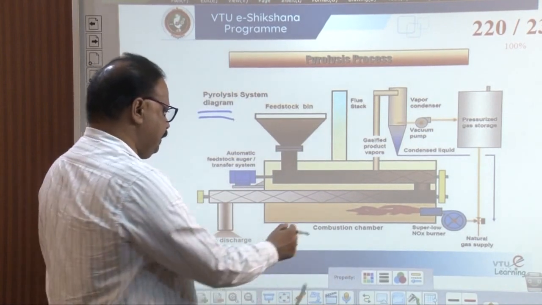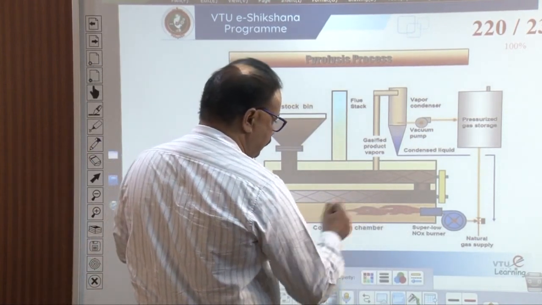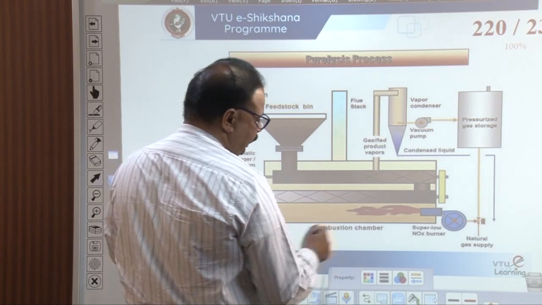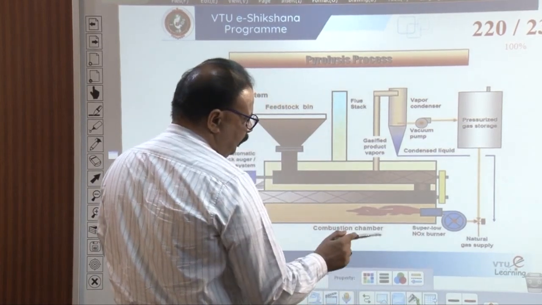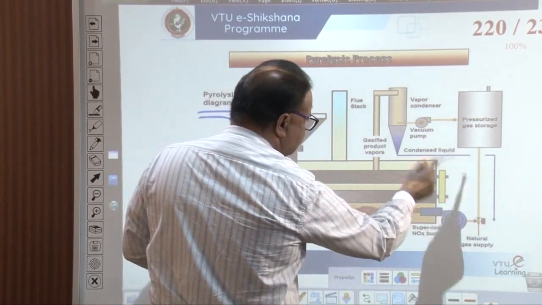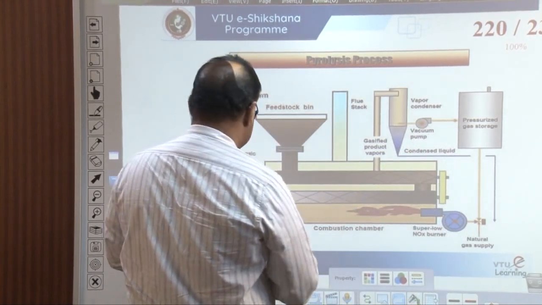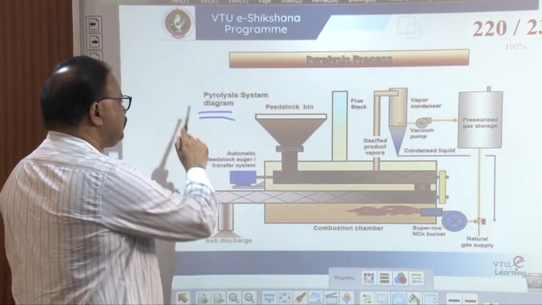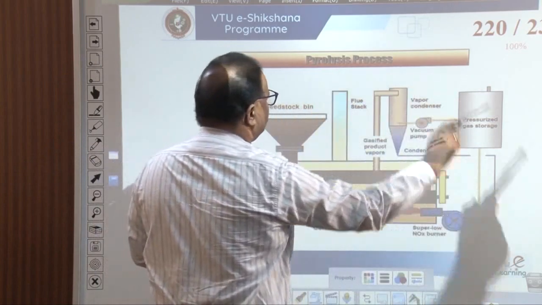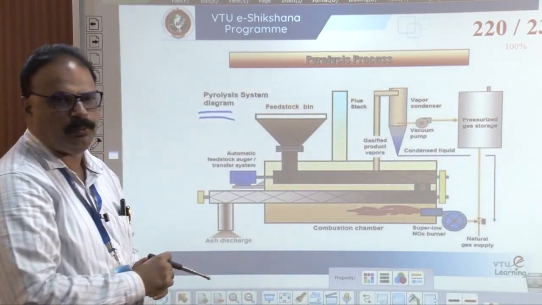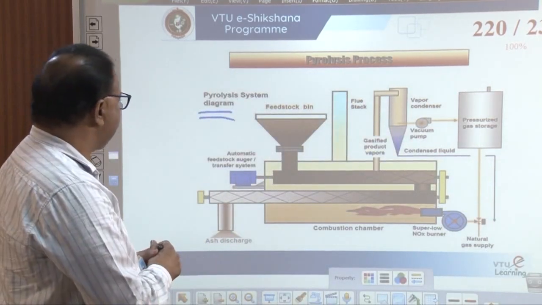Here is the temperature. Super low NOx burner, natural gas supply, gas discharge. This diagram shows how pyrolysis is done.